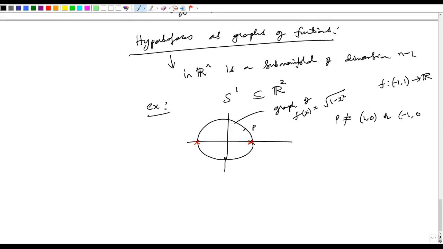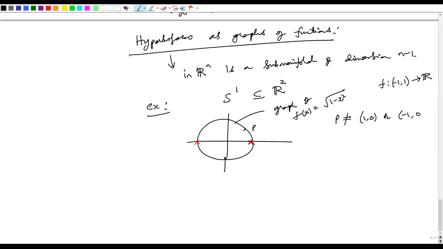So the point is, P is indeed contained in a neighborhood in the submanifold which can be written as a graph of a smooth function.